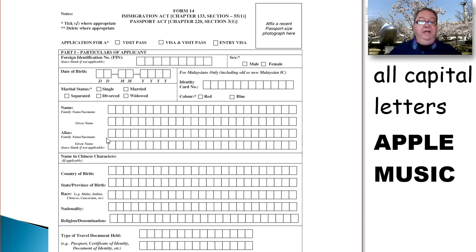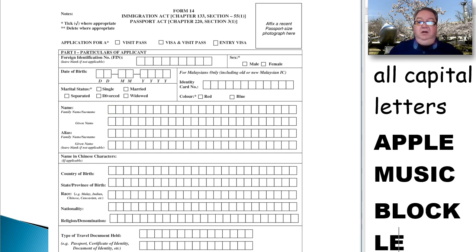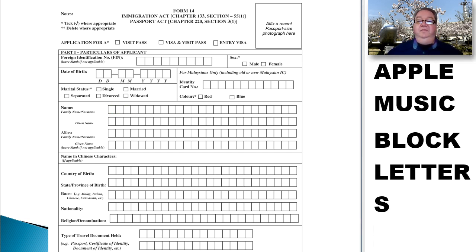So let's go through this, and you can see here, on this type of form, when they have all of these little boxes, you should write one letter in each box. And when they're written like this, this is when you would want to use block letters, okay? That's what it's designed for.